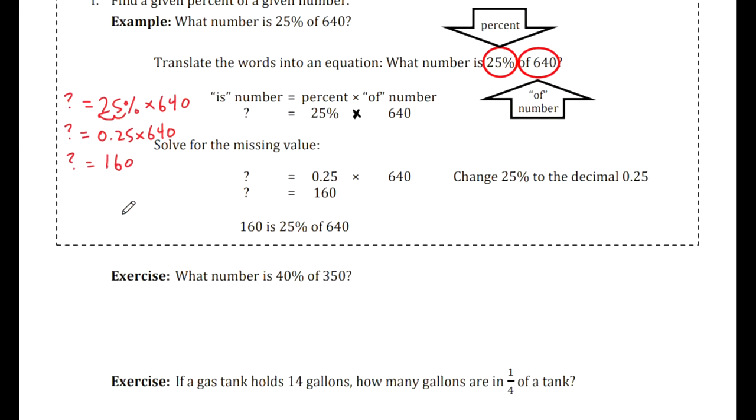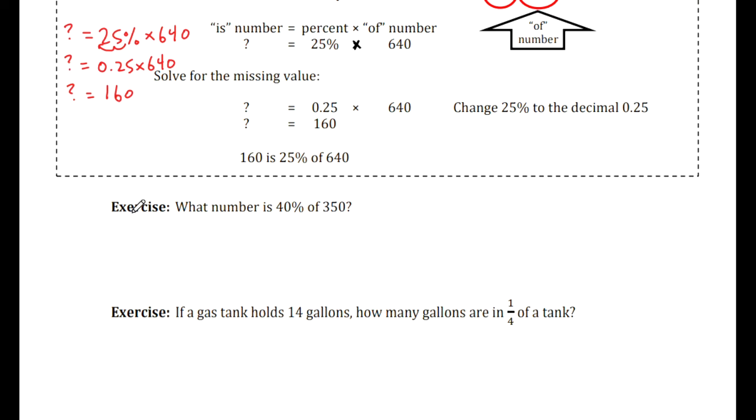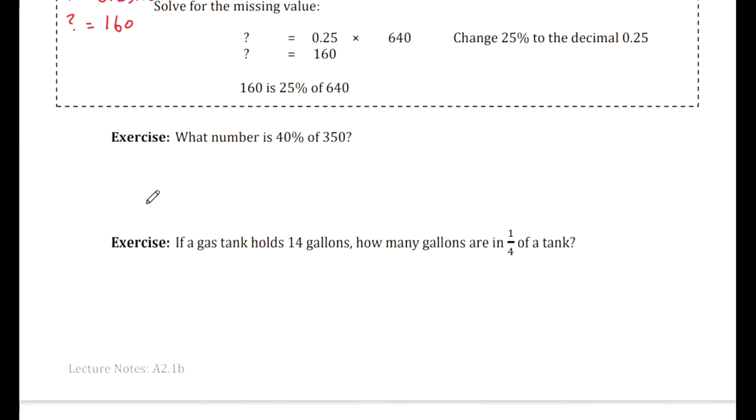Let's do a couple more exercises with this first type of percent problem. What number is 40% of 350? Again, we see that our is number is unknown. We can write that with a question mark. So the is number equals percent, 40% times the of number. We'll change that 40% to a decimal by moving the decimal point 2 units to the left.